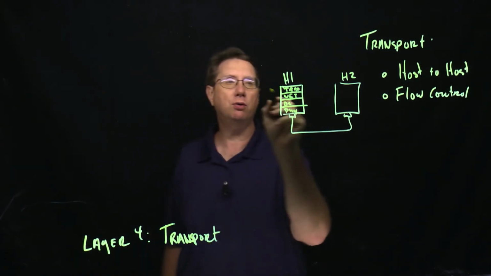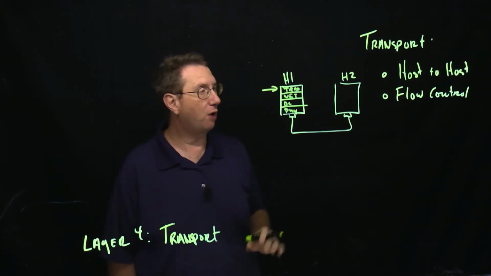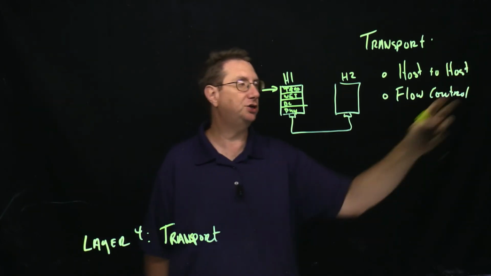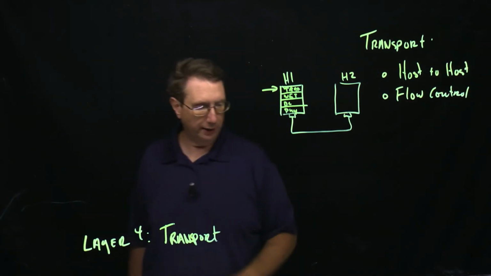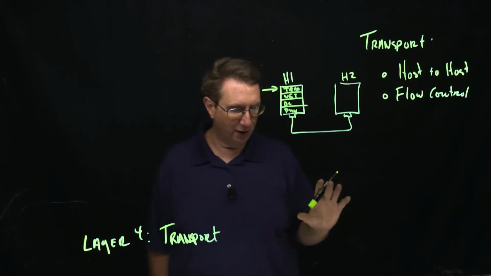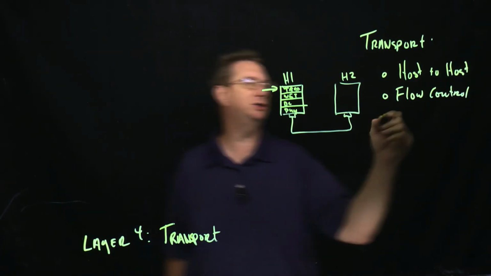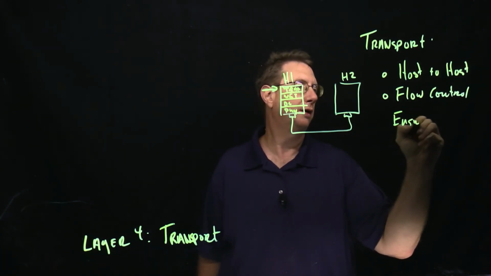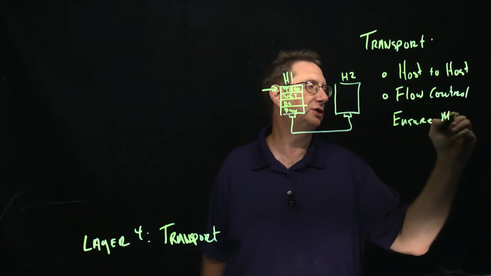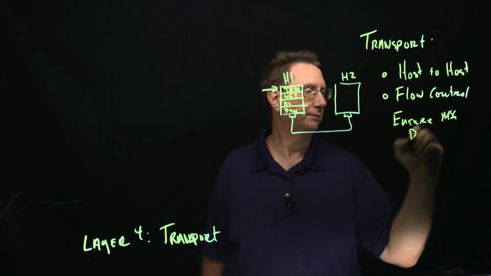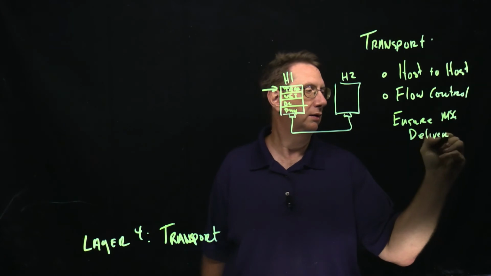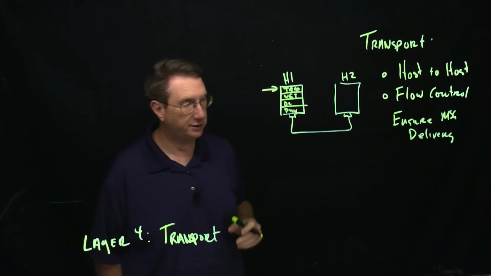Now, the transport layer, like I said, is responsible for offering the host-to-host communication and the flow control contingencies. The main goal here is that it is going to ensure message delivery, and it's going to do that through a number of functions.